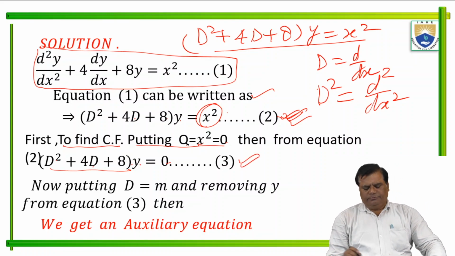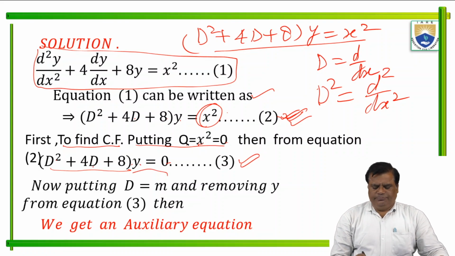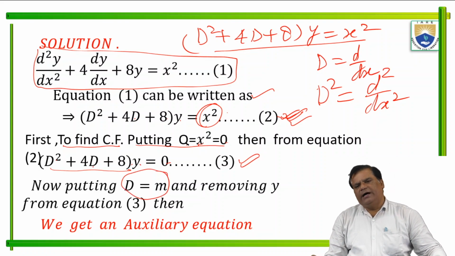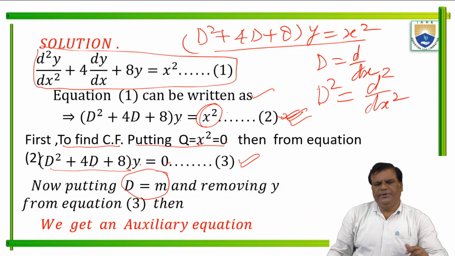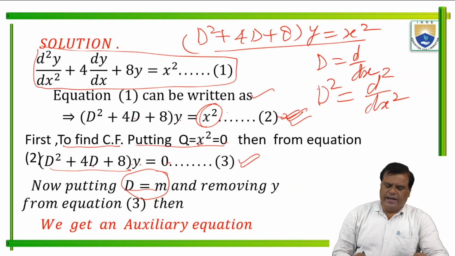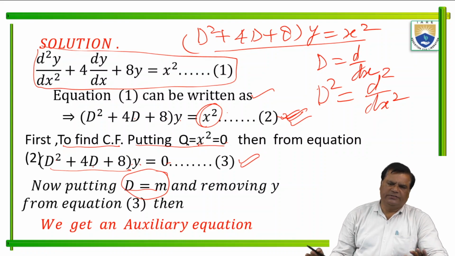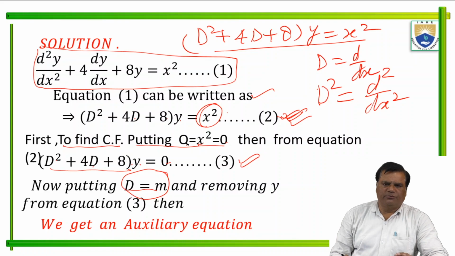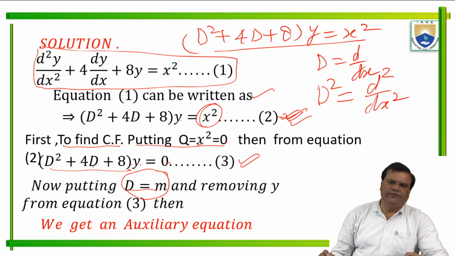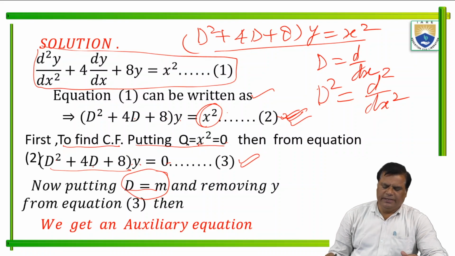So now put D equal to m. I have discussed in the last videos how we can put D equal to m. So putting D equal to m and removing y from equation 3, since y is the function and is not 0, we get the auxiliary equation of 3.